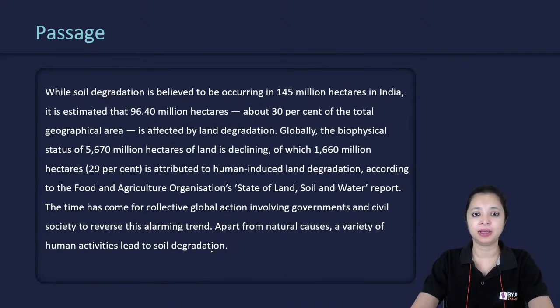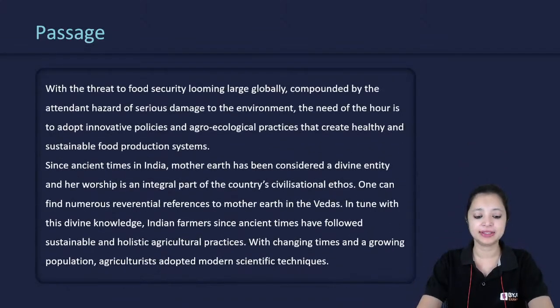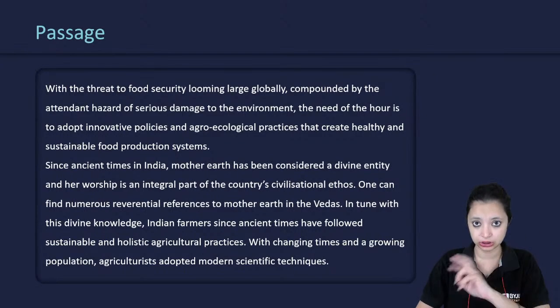Let's go back to the next page. Important lines here, everyone. Ashita, rather the last line.